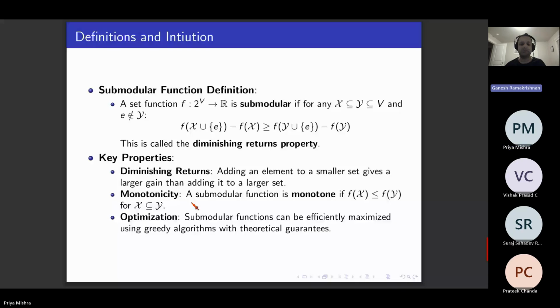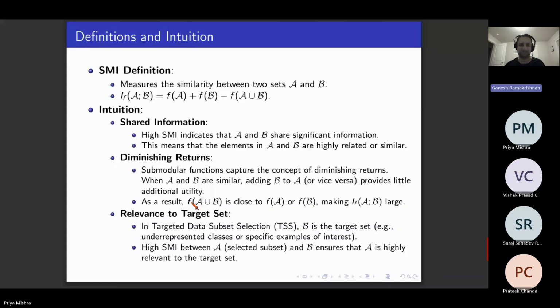Can you go back to the slide which had the information gain variant of f? Yeah, exactly.